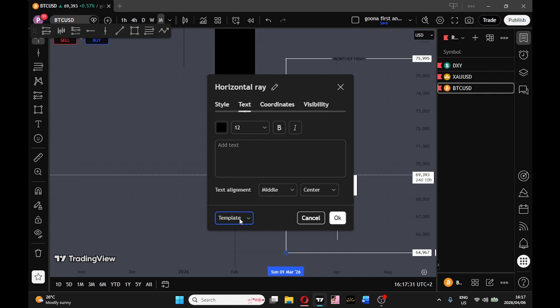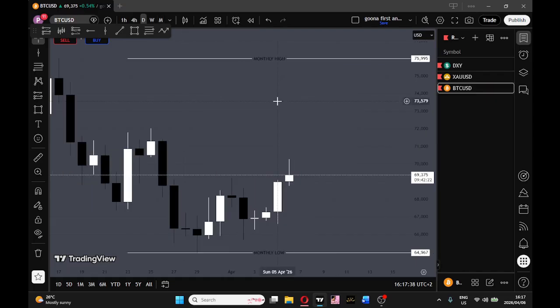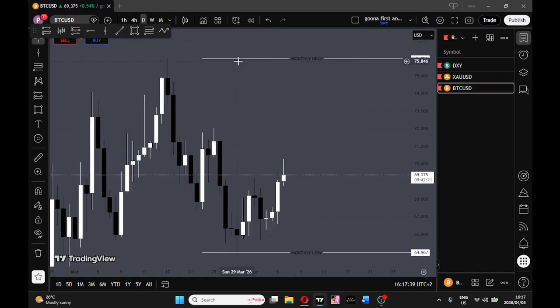So on Bitcoin, the market structure shift happened. Okay, I don't think there's a clear market structure shift. Let's use the weekly high and weekly low and see what happens.